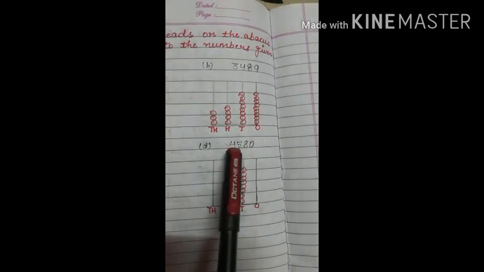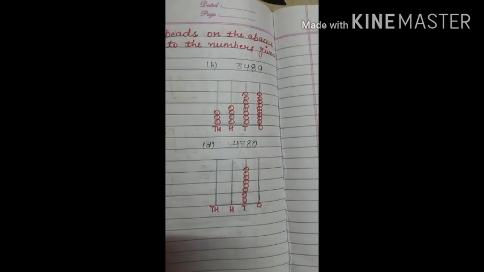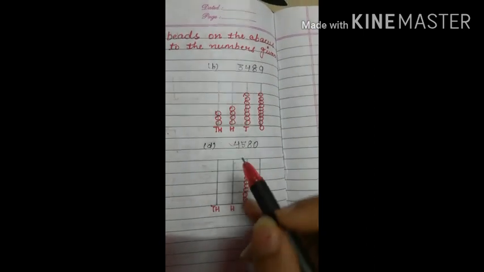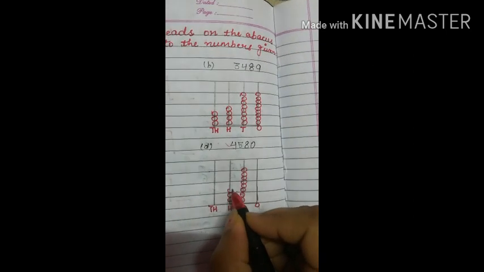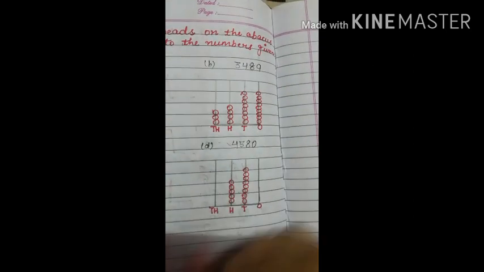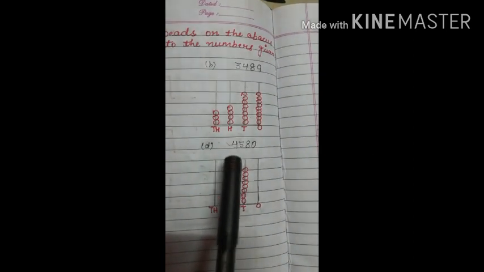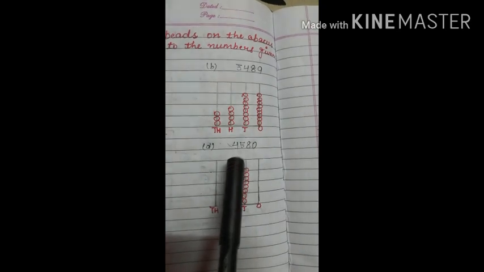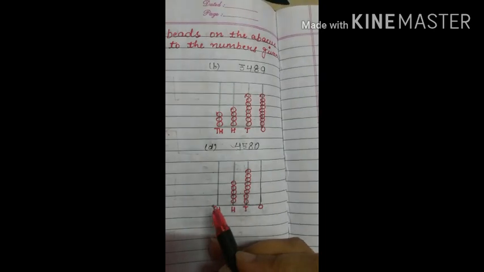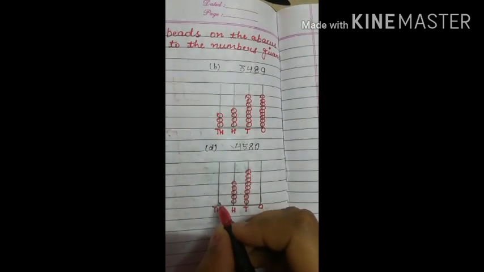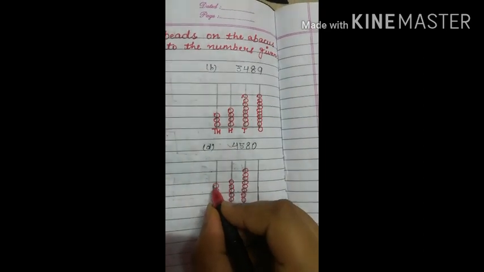Now on hundreds place we have 5. That means we will draw 5 beads on hundreds place. So just draw 1, 2, 3, 4 and 5. Now on thousands place, the last place that we are having here, we have the digit 4. That means we will draw 4 beads on thousands place. So it will be 1, 2, 3 and 4.